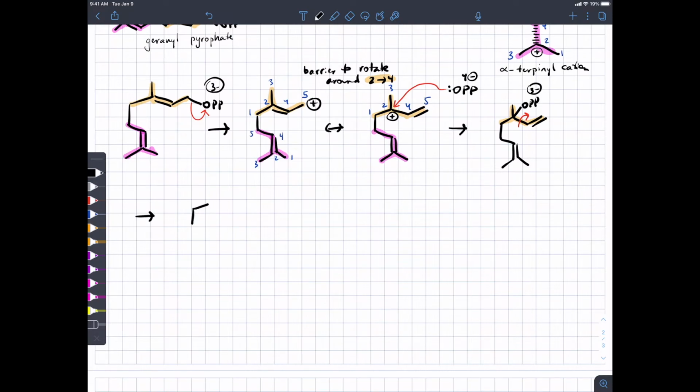So just by rotation, we can draw this conformation of the molecule. And then at that stage, the pyrophosphate group hops off to give us the carbocation again. Only this time, we've got the right shape of the molecule.